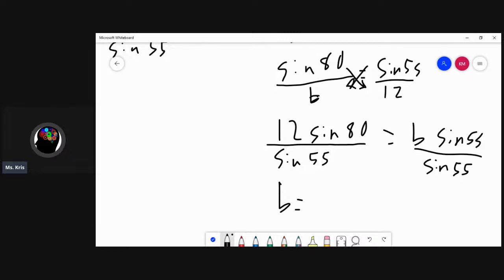And B, of course, equals or is rounded off to the nearest tenth, 14.4. Because I multiplied 12 to sine 80 and then I divided it by sine 55. Any questions with solving a triangle based on laws of sine?